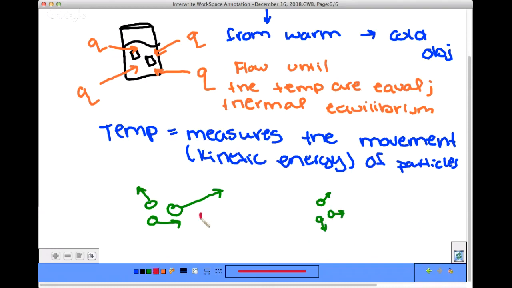Right here, we have increased kinetic energy or increased movement and an increase in temperature, whereas over here, we have decreased kinetic energy or decreased movement and a decrease in temperature. So temperature directly measures how particles are moving, at what speed. Up here, we're not talking about the speed, we're just talking about how heat is being moved from a warmer object to a cooler object. So that is the difference between heat and temperature.